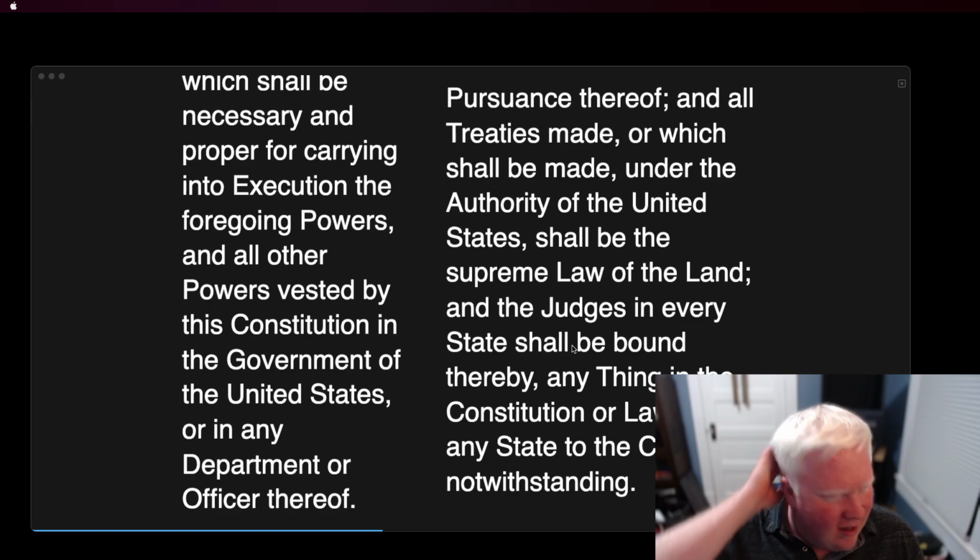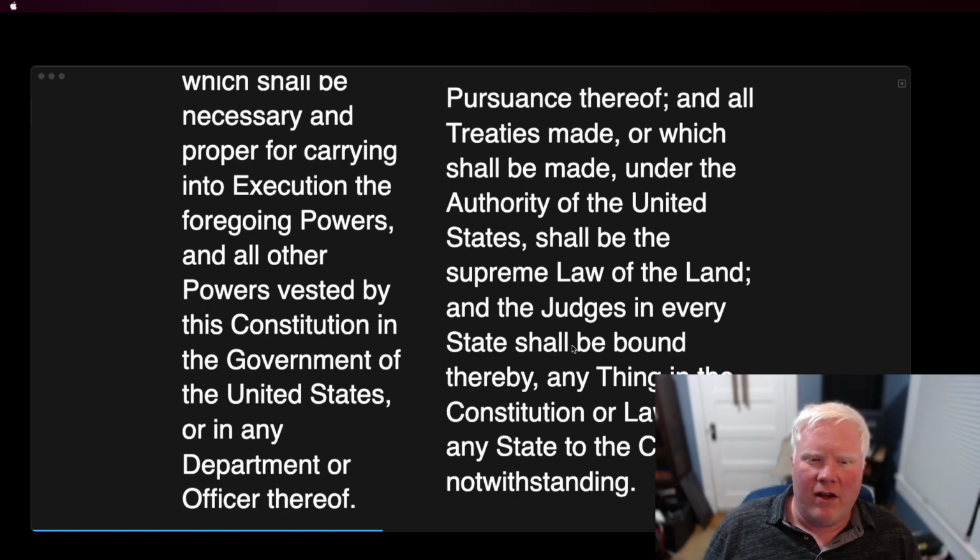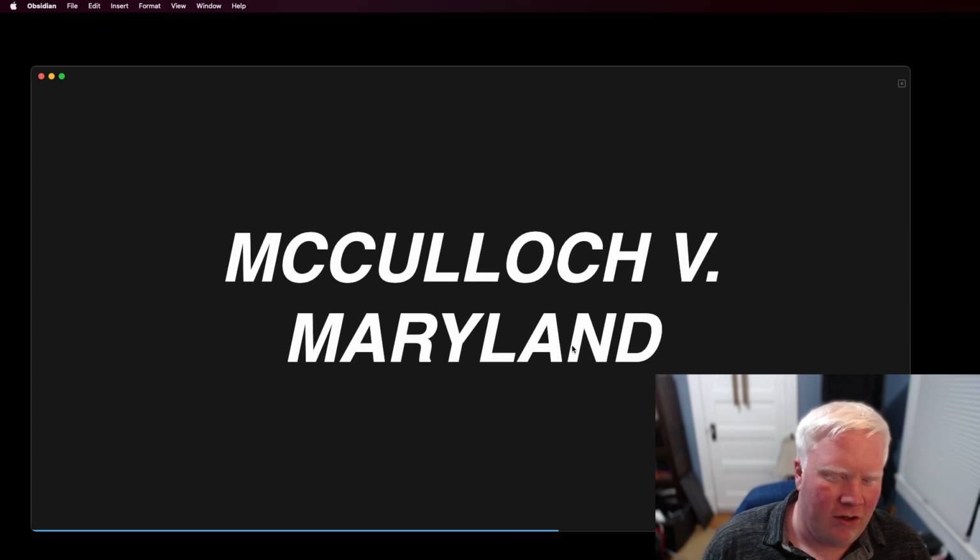So essentially, under the Supremacy Clause, again, very straightforward, everybody has to follow what the federal government says unless there are specific powers that are reserved to the states. So let's move on to McCulloch versus Maryland.